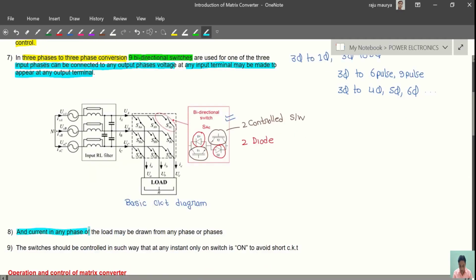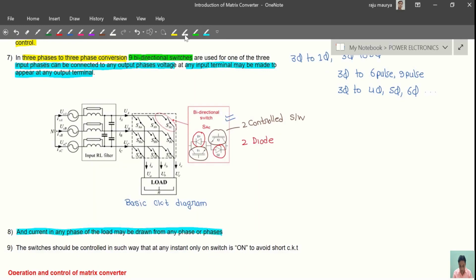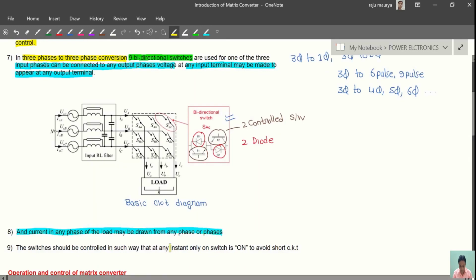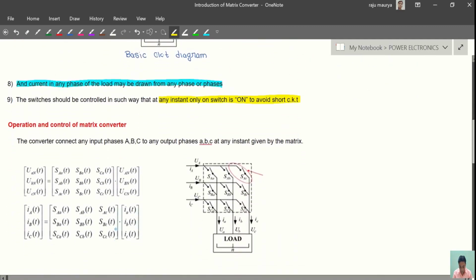Similarly, current in any phase of the load may be drawn from any phase or phases. To avoid short circuit, at any instant only one switch is on.